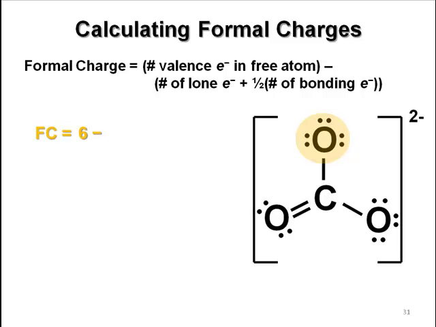So free means when it's not connected or bonded or ionized or anything else, just the normal electron count on the periodic table. Then we look at the number of lone electrons. How many lone electrons are there? 2, 4, 6. And then how many bonded electrons are there? 2. So half of those, half of 2. So the formal charge for oxygen equals -1.